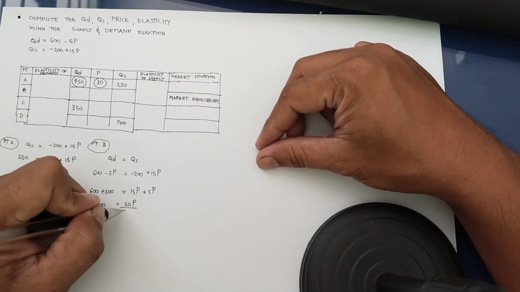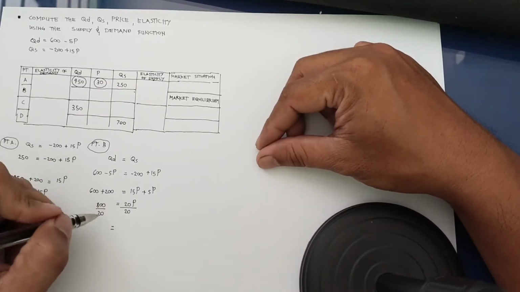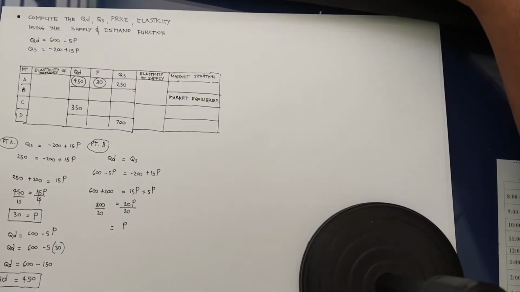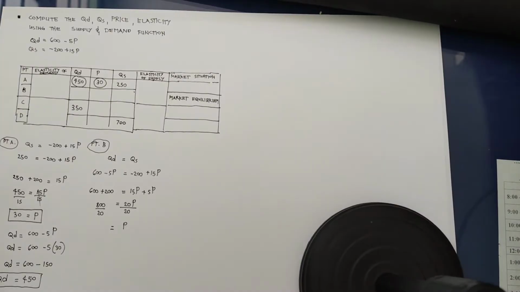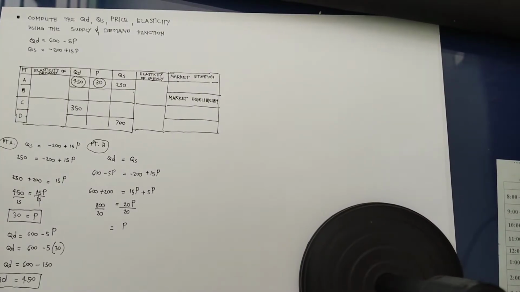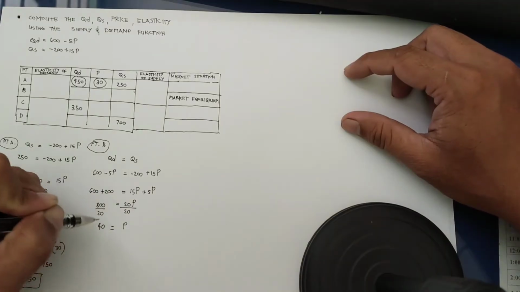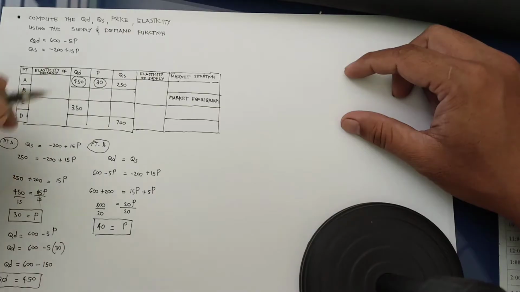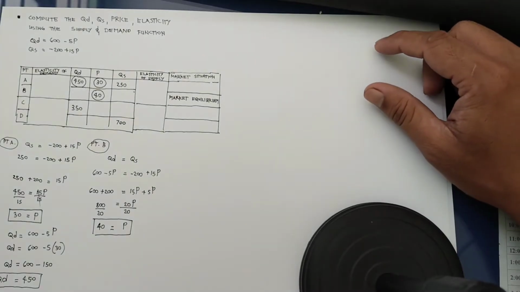So we are going to divide 800 by 20. What is 800 divided by 20? That would be equals to 40. So price is equals to 40. So our price here is 40.